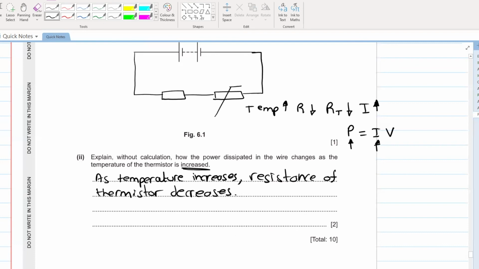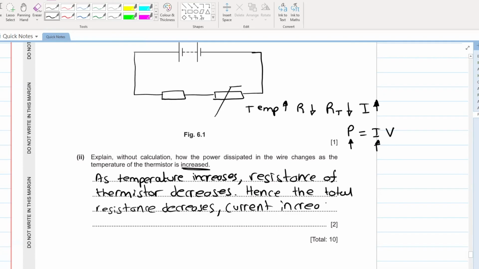Hence, the total resistance decreases, current increases, and the power dissipated increases. Simple as that, nothing complicated.